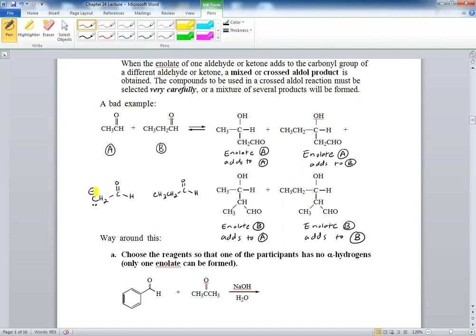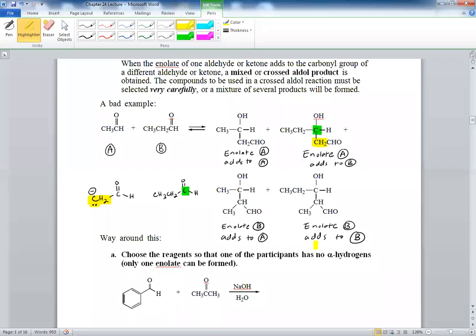Here's yellow. Here's green. Okay, let's do that as well here. Here's green, and here's yellow. This is CHO, which means it's an aldehyde, the whole thing.